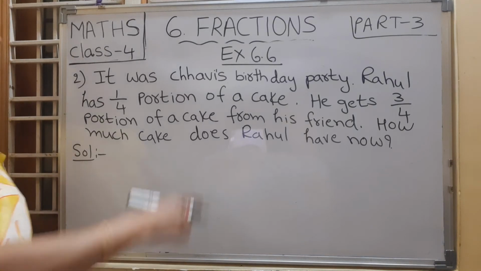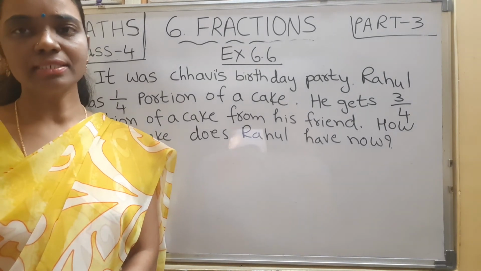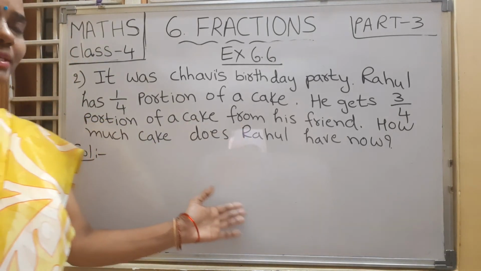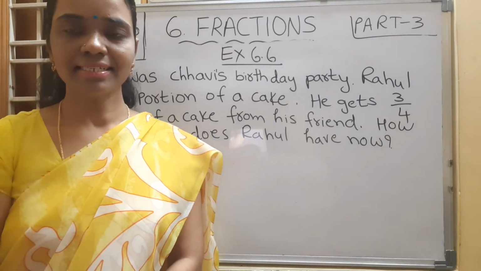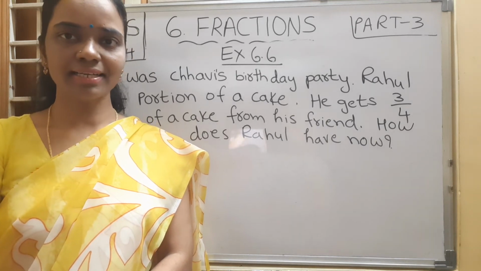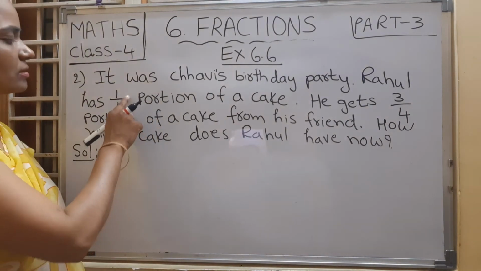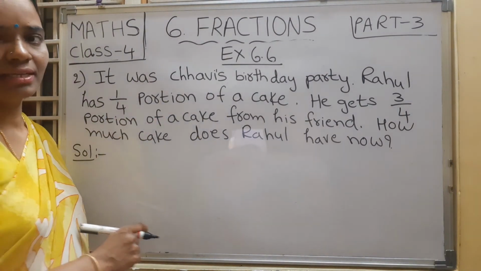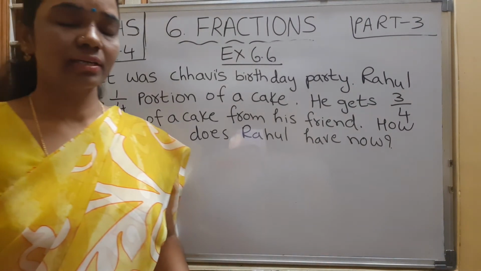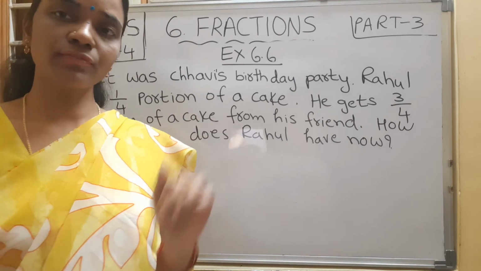So here, in that birthday party, Rahul and his friends are there. Birthday party means we will eat cake. Do you like to eat cake, children? Yes. So here Rahul got 1 by 4 portion of cake, and also he gets one piece from his friend.